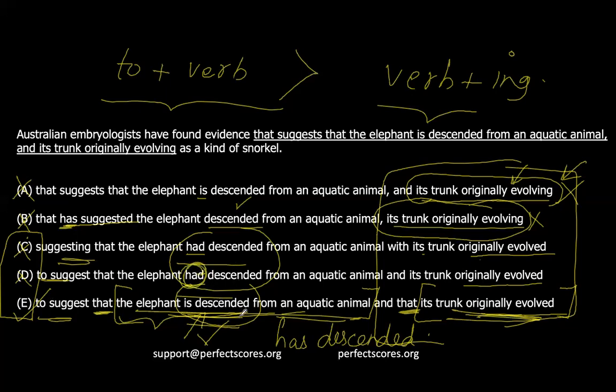Had would change the meaning. Had says that the elephant had descended in the past, but right now it has descended from something else. Like we lived in a particular country 10 years ago, but now we are living somewhere else. It would be a similar kind of logic there.